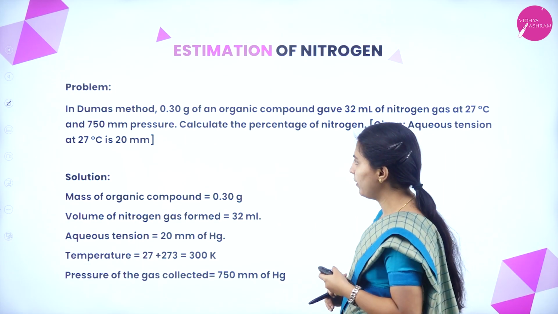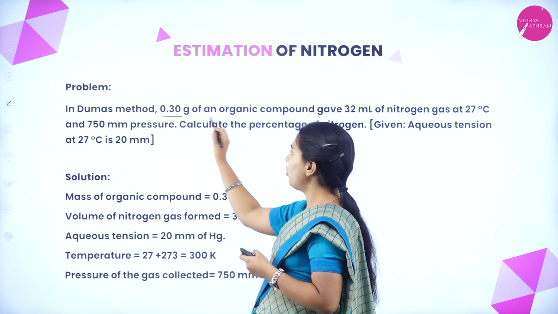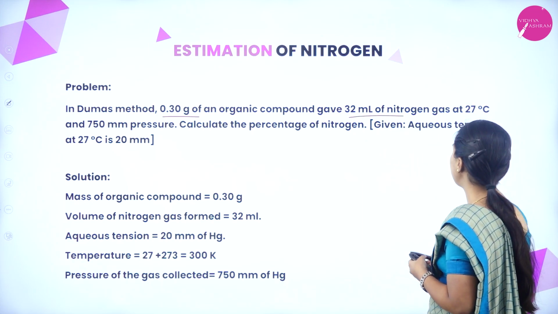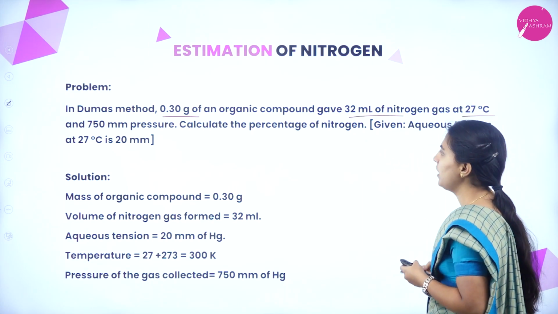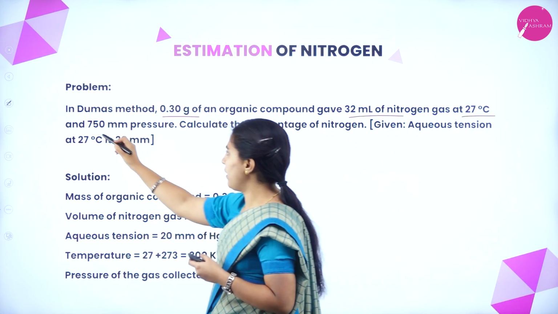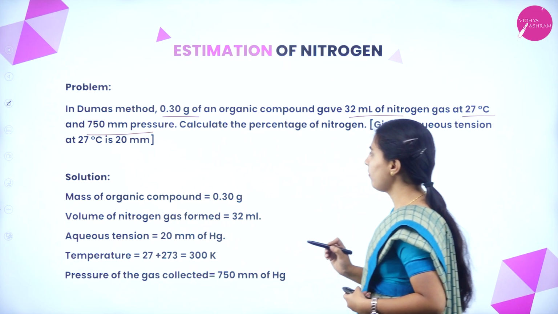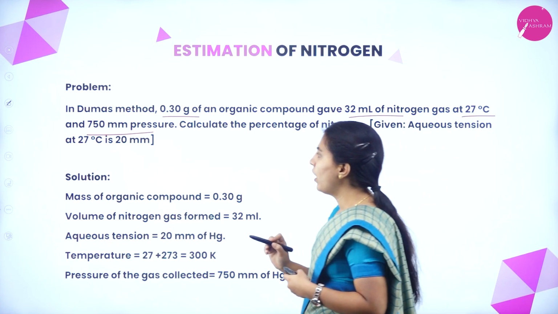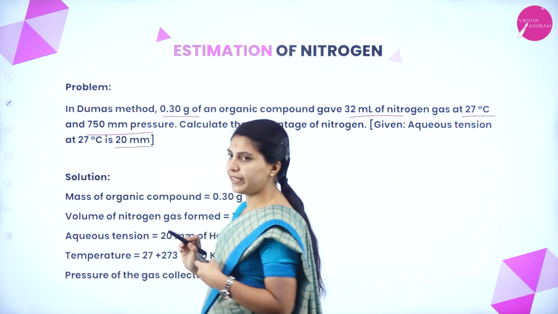Now we will see the problem. In Dumas method, 0.30 gram of an organic compound gave 32 ml of nitrogen gas at 27 degrees Celsius and 750 mm of pressure. Calculate the percentage of nitrogen. Given aqueous tension at 27 degrees Celsius is 20 mm.